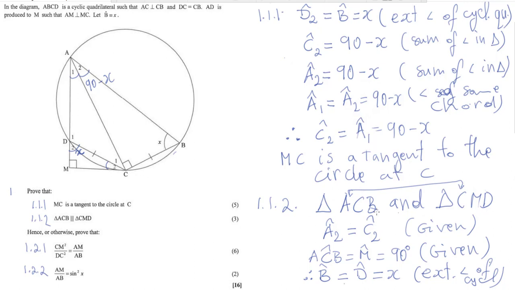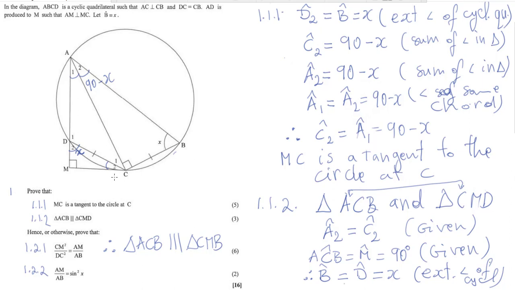The angles are equal. So we come to the conclusion, let me write it here, our conclusion will be the triangle ACB is similar to the triangle CMB. So for similarity, to prove it you just have to prove the angles are equal, the angles are the same.